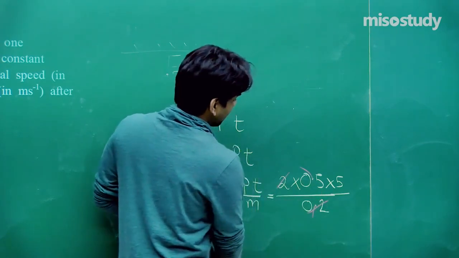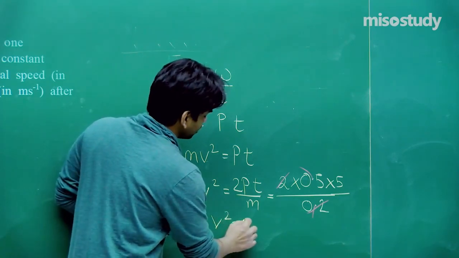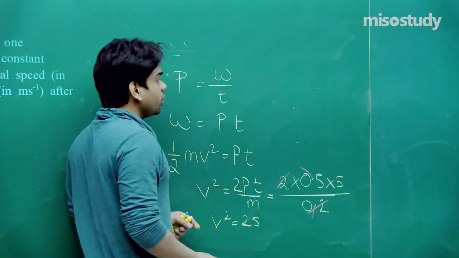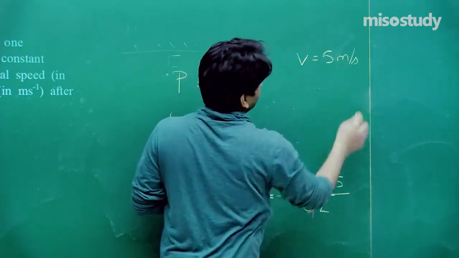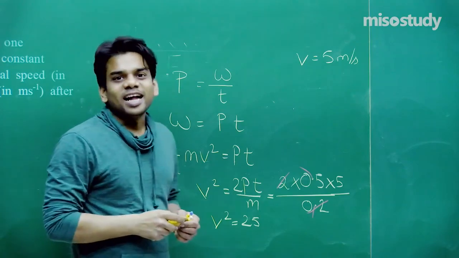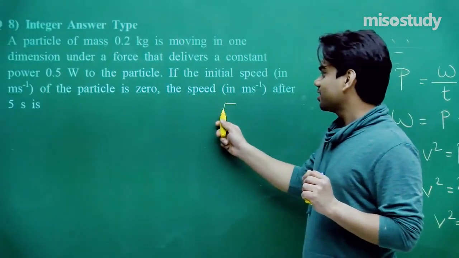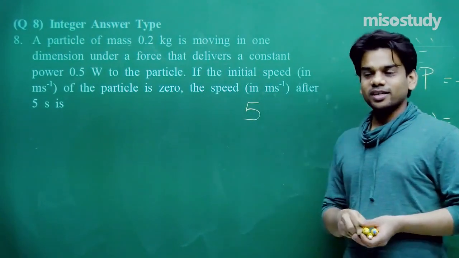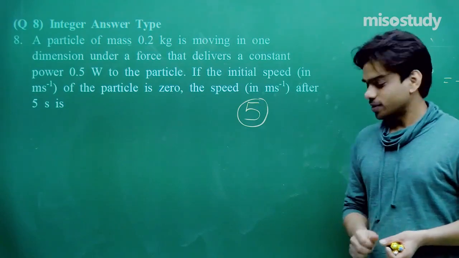You will get 5 into 5, 25. So v square is 25, so v will turn out to be 5 meter per second. You have to circle the bubble carrying the integer 5. So the right answer is 5 meter per second. This is the bubble that you need to circle in your integer pattern question.